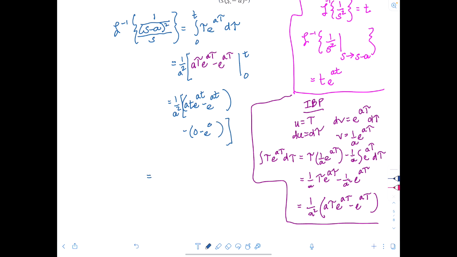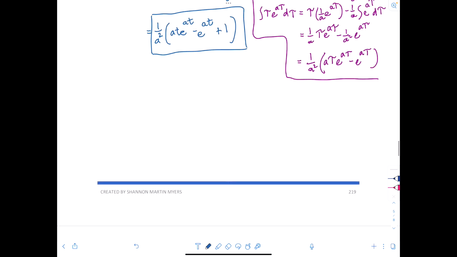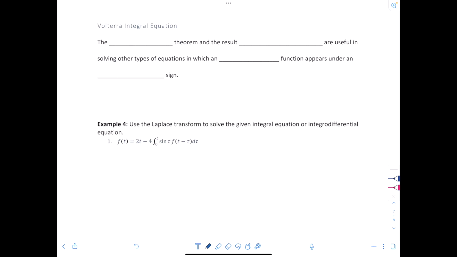So at the end of the day, we will have 1 over a squared times a t e to the a t minus e to the a t plus 1. And we're all done. Pretty groovy, huh? All right, so next up, we're going to check out the Volterra integral equation.